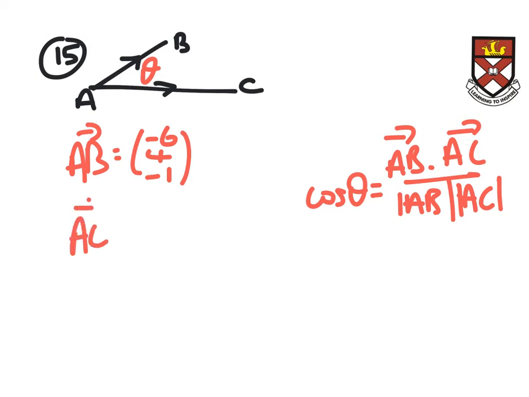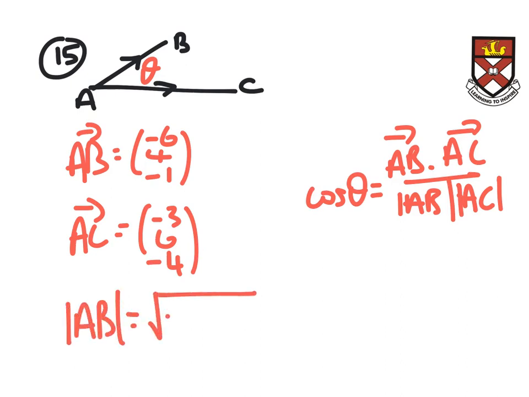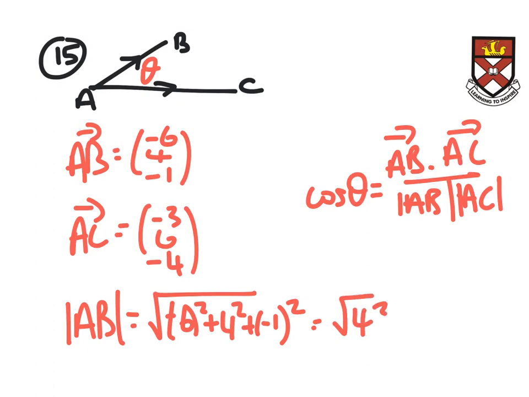And AC is little c minus little a, which is (-3, 6, -4). Okay, what's the length of AB? That's the square root of -6 squared plus 4 squared plus -1 squared, which is 36, add 16, add 1, root 43.